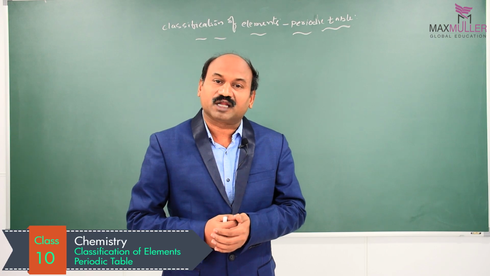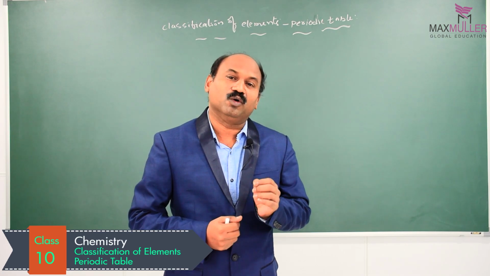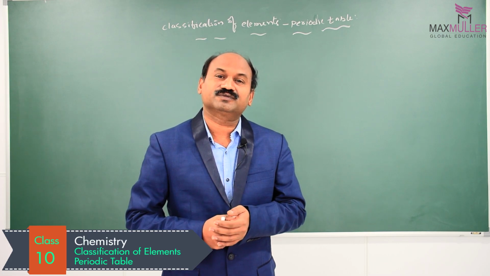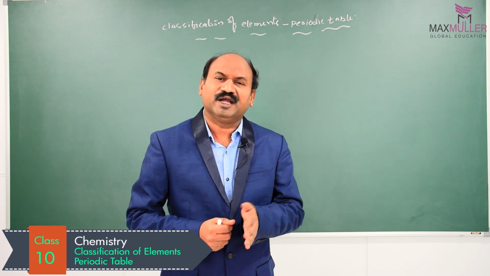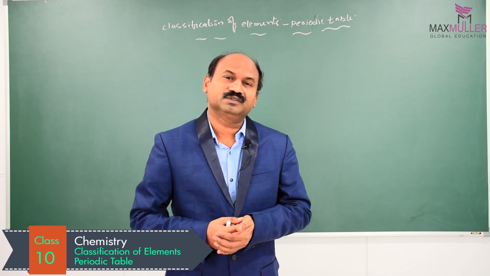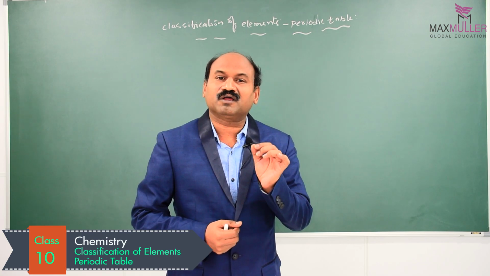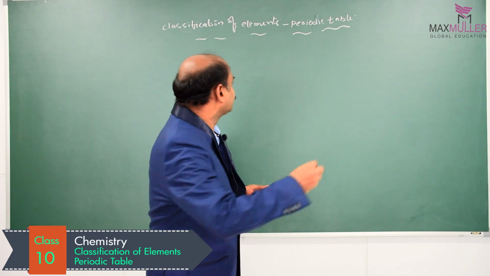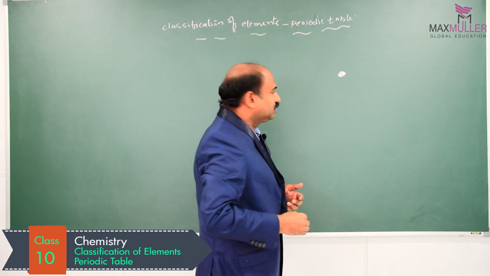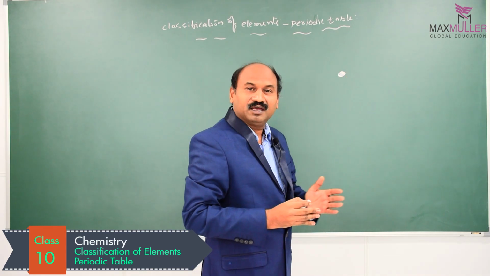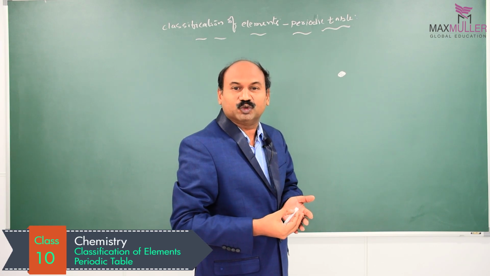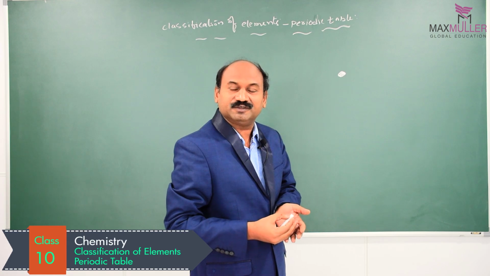Before going to this type of classification, we should have some idea about the structure of the atom. All of you know that the central part of an atom is called nucleus. Let this be the nucleus. The space around the nucleus is called extranuclear region.